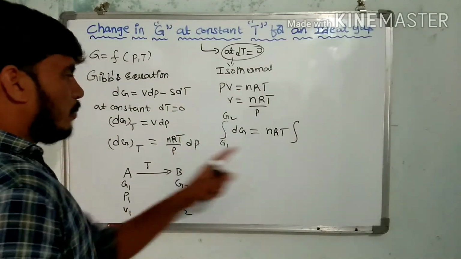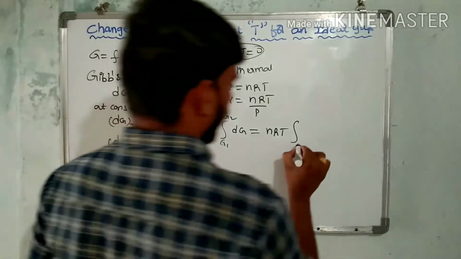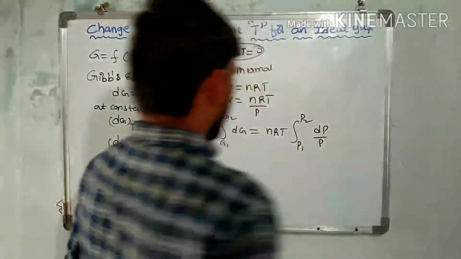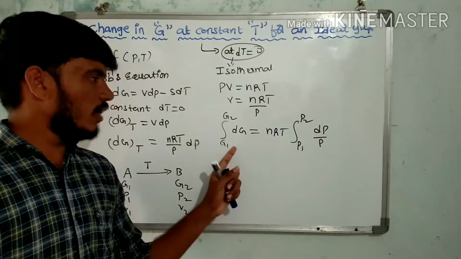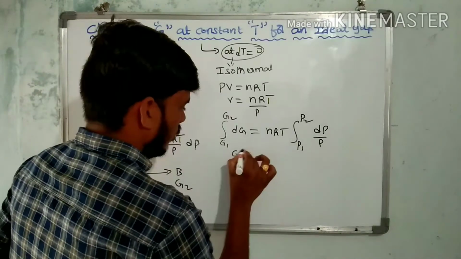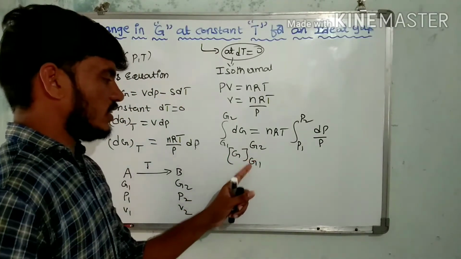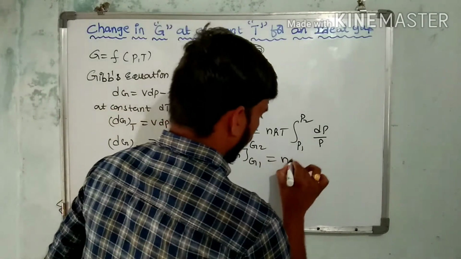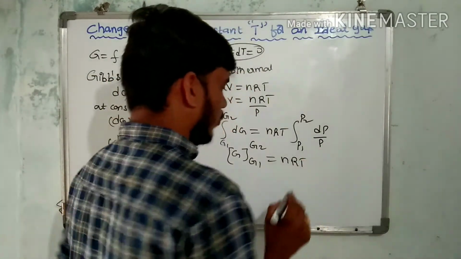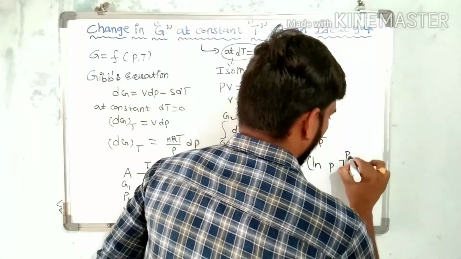The integration over P runs from the initial pressure P1 to the final pressure P2 of dP by P. So the integral of dG over the limits G1 to G2 is equal to nRT times the integral of 1 by P. The integration of 1 by x dx is ln x, so it becomes ln P between the initial and final pressures.